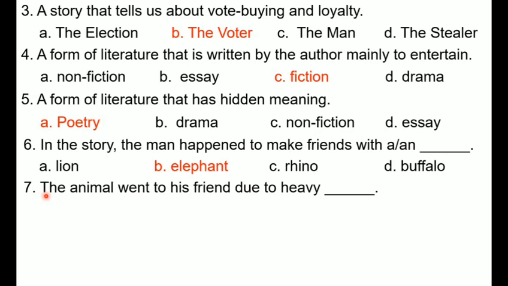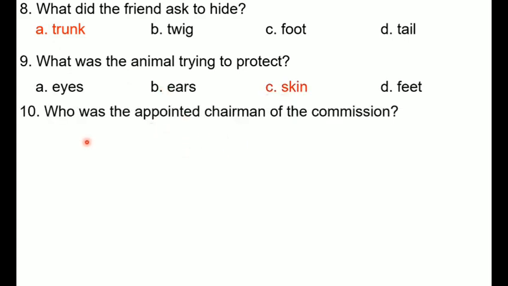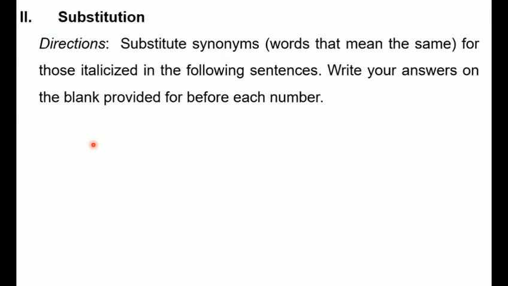Number 7, the animal went to his friend due to heavy thunderstorm. Number 8, what did the friend ask to hide? The answer is trunk. Number 9, what was the animal trying to protect? Okay, the answer is skin. Number 10, who was the appointed chairman of the commission? The answer is Fox.